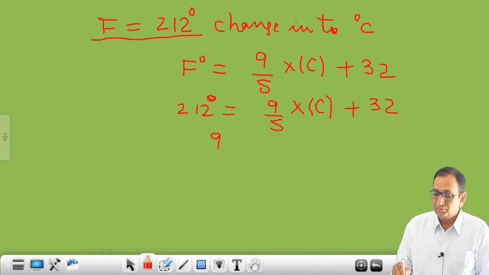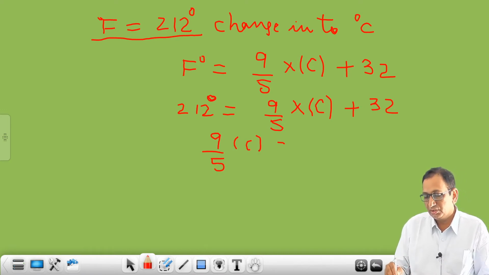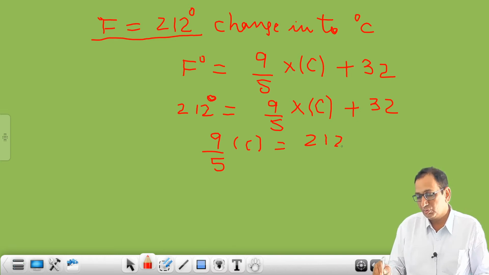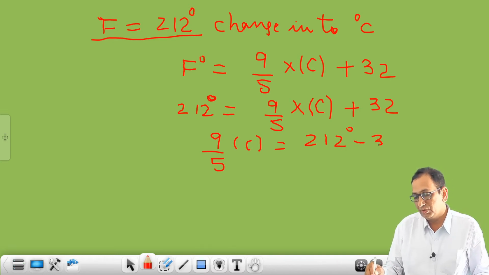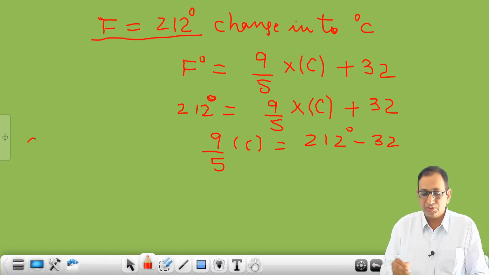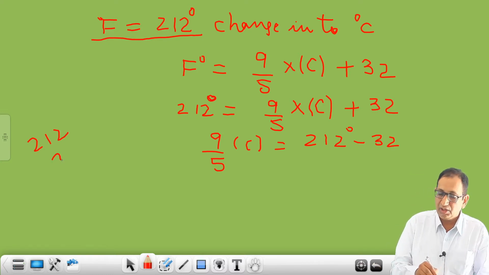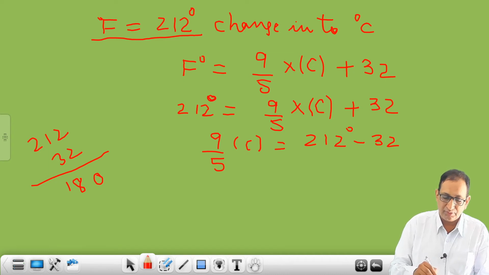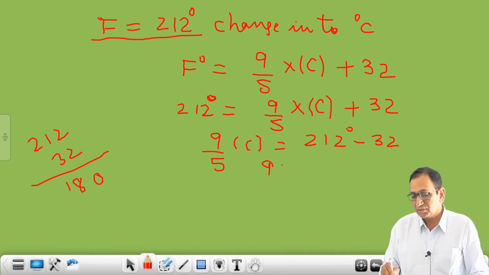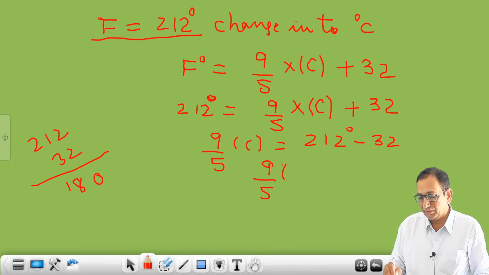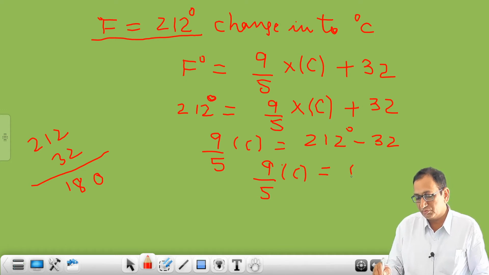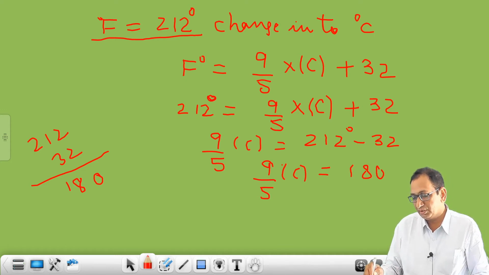So here you will have 9 by 5 into C is equal to 212 degree minus 32. So students, from 212 you have to subtract 32. 2 minus 2 is 0, 11 minus 3 is 8, and here 180. So students, here 9 upon 5 into C is equal to 180.